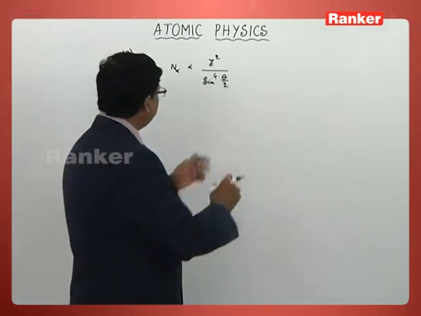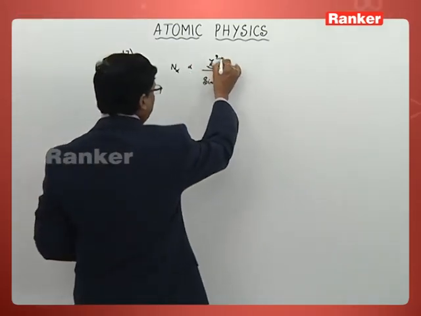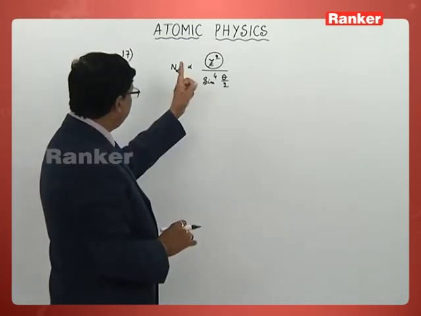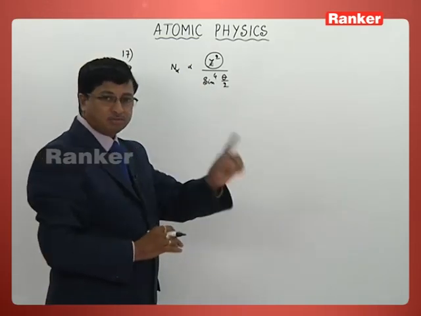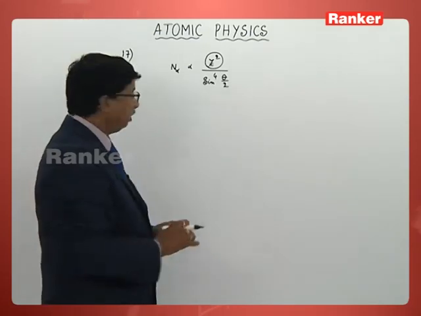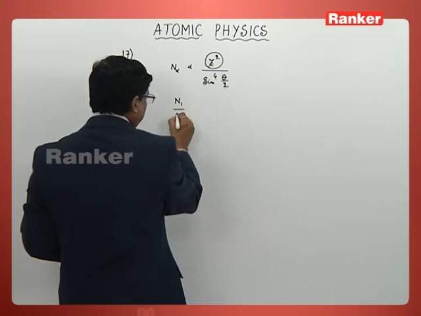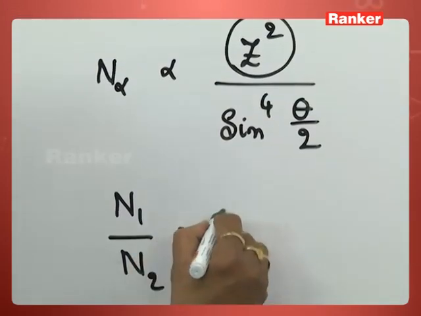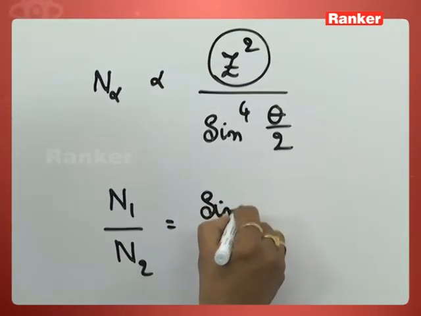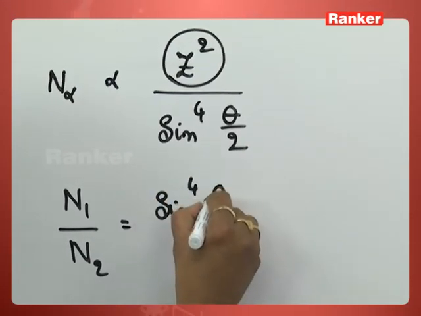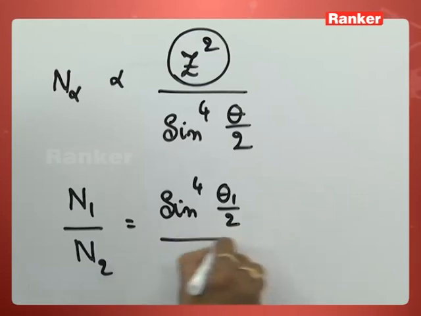Since the same nucleus is taken in both the cases, Z square will definitely be a constant, forget that. Now what can we write? N1 by N2 now becomes sine to the power 4 theta 2 by 2 by sine to the power 4 theta 1 by 2.